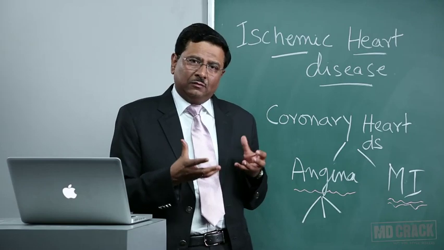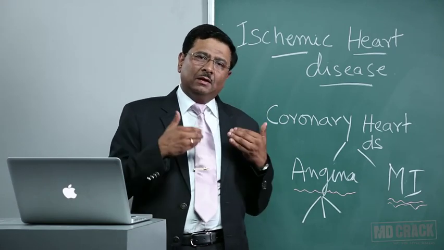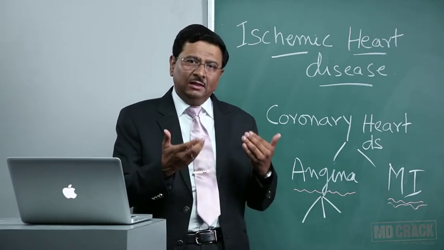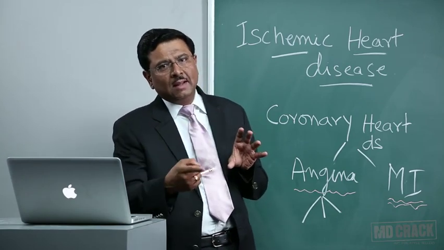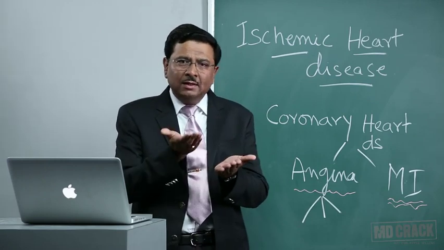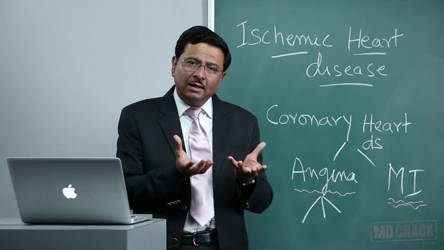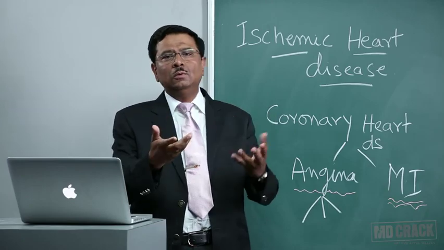Normally during periods of rest this is okay, but whenever a patient exerts, there is increased myocardial need, and at that time the artery is not able to supply that much blood. So there is an imbalance between oxygen supply and oxygen demand, and this leads to angina.